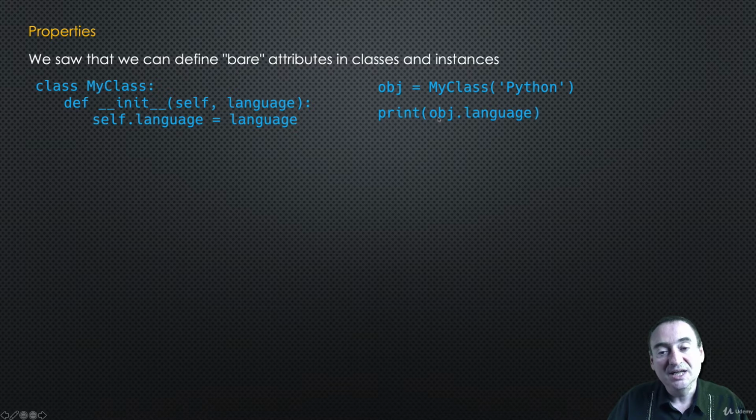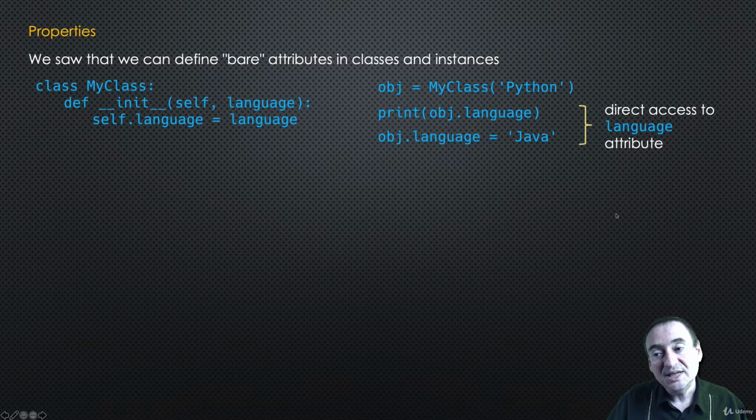So that's going to be the language value for that particular instance. We can also set that particular instance's language attribute directly by accessing the attribute using dot notation, or we can also use the getattr and setattr methods, and we can set it equal to some value. So this is a direct access to the language attribute, right?